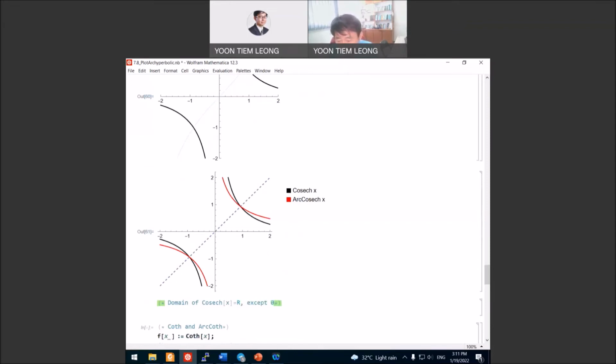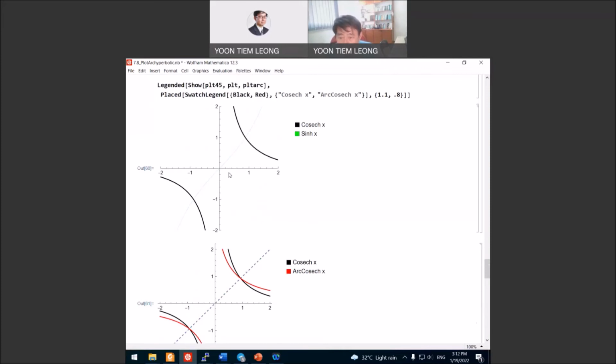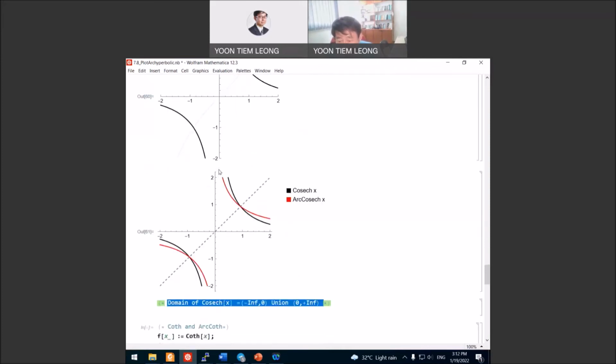This is the same as saying it is from minus infinity to 0, union 0 to positive infinity. This is another way of describing the domain of the cosecant function, which does not include x equals 0.